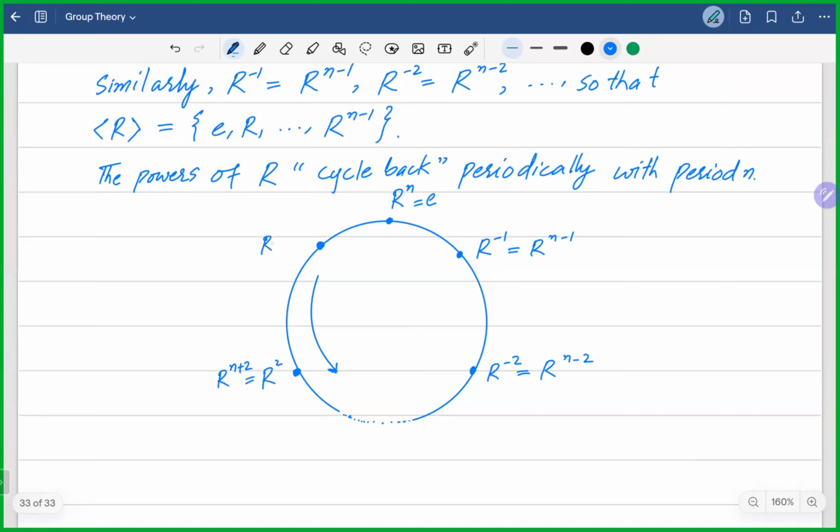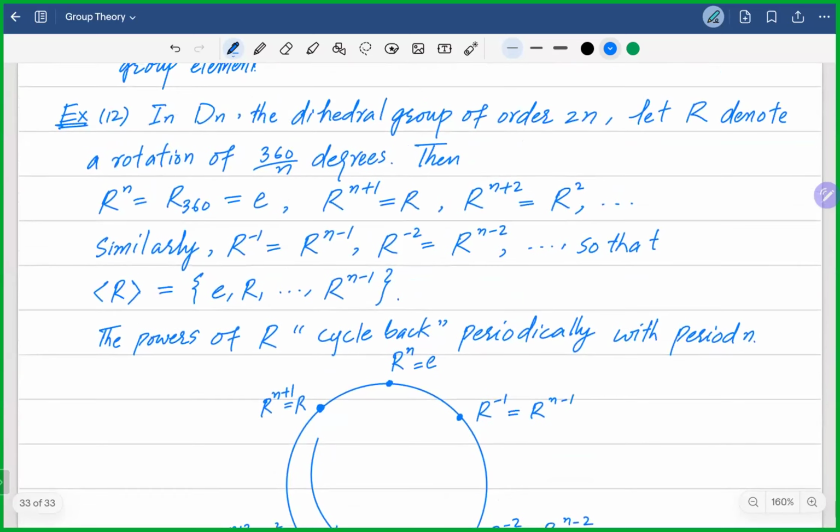And this is r power n plus 1, which is r. Okay, this is what I said. If you move counterclockwise around the circle, we raise r to the successive positive powers. If you move clockwise, we raise r to the successive negative powers, and that's it.